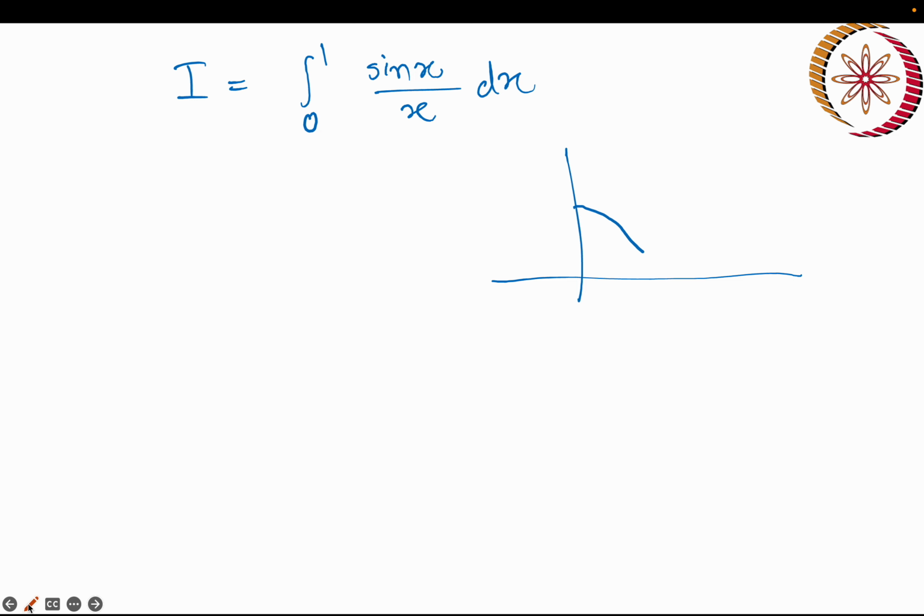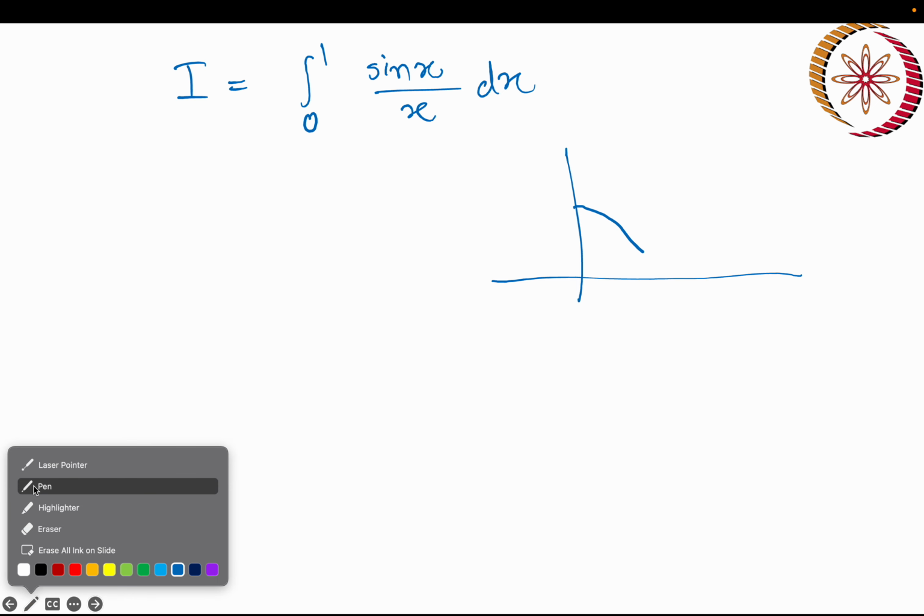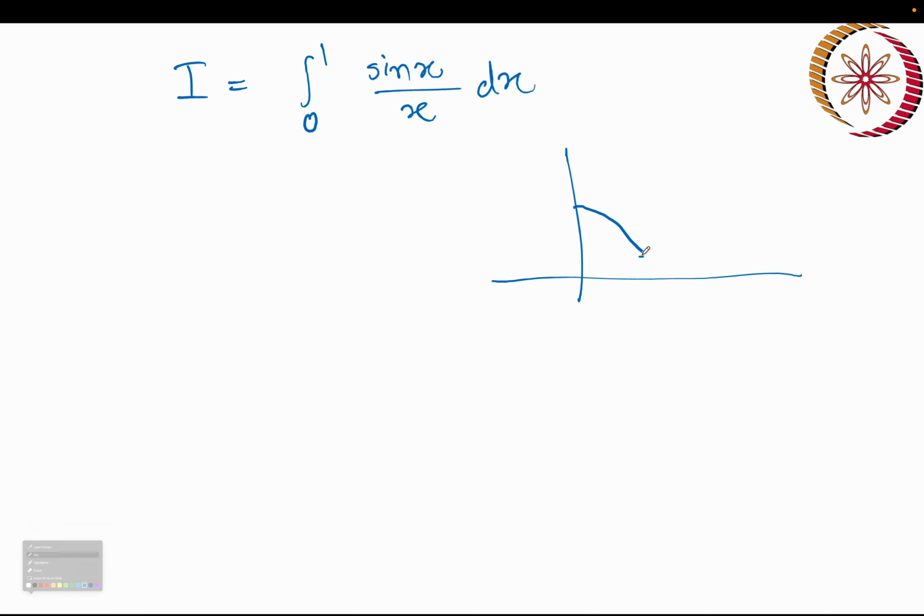We'll just draw some random function. So let's say this is the function itself, and this is a, this is b, and this is the location, which is, let's say, x mean. So x mean is nothing but the central location.